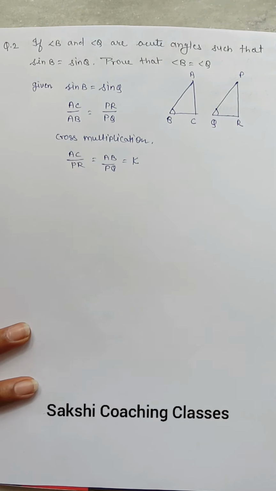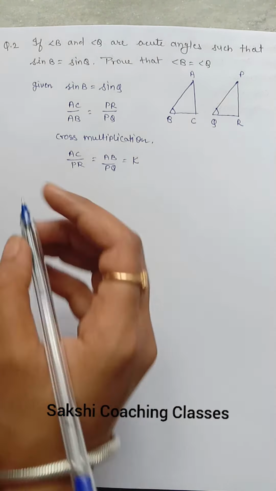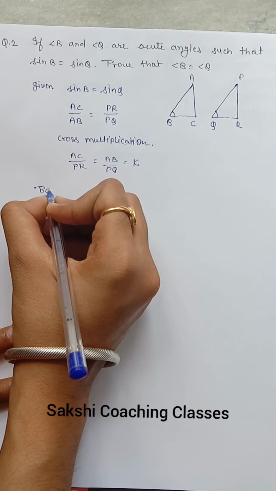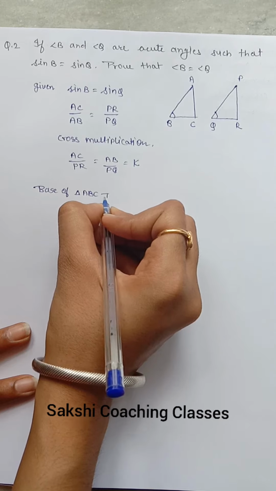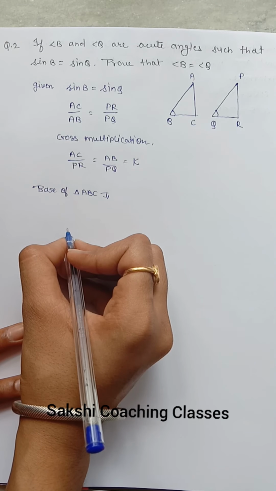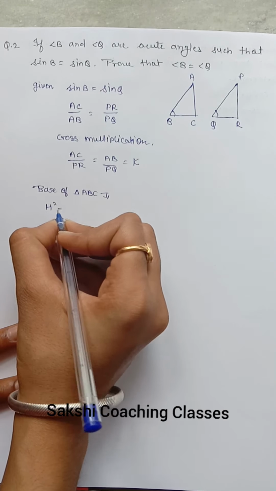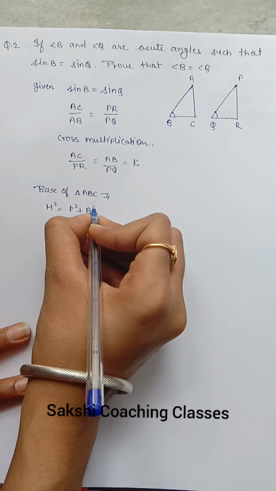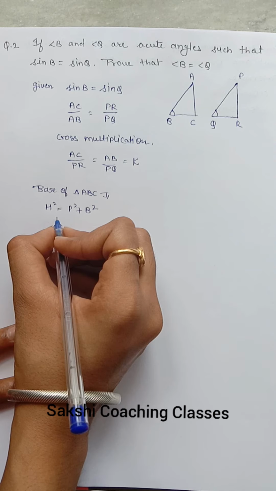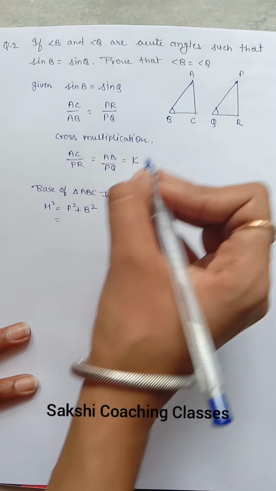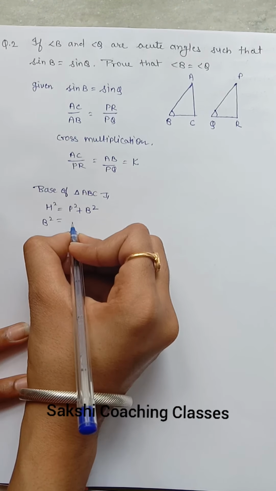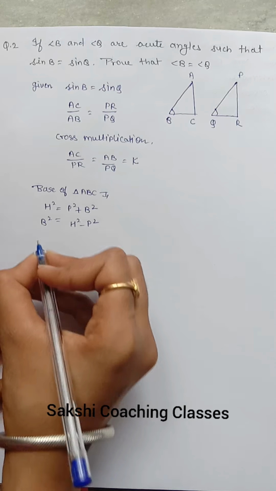Now we have to find the base of both triangles. So I'm taking the base of triangle ABC. We will find it by using the Pythagoras theorem, and we know that the hypotenuse square is equal to perpendicular square plus base square. But we have to find the base, right? So b square is equal to h square minus p square.